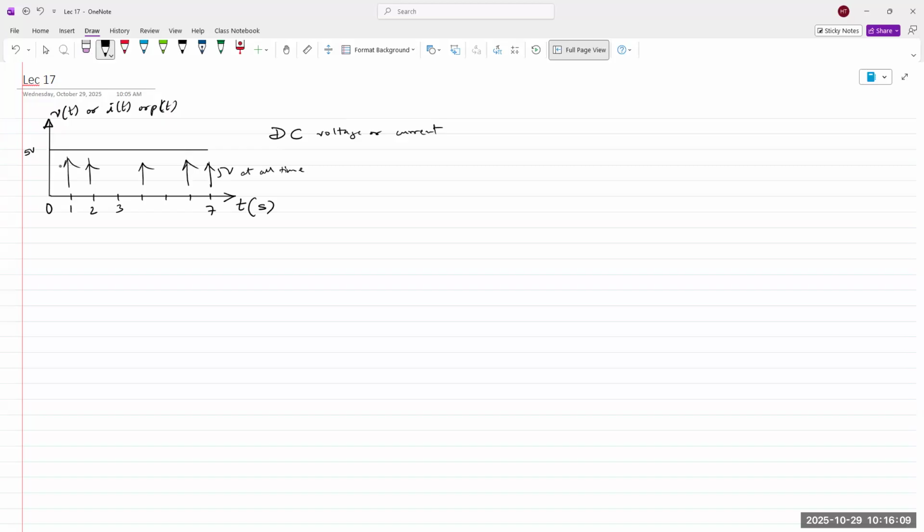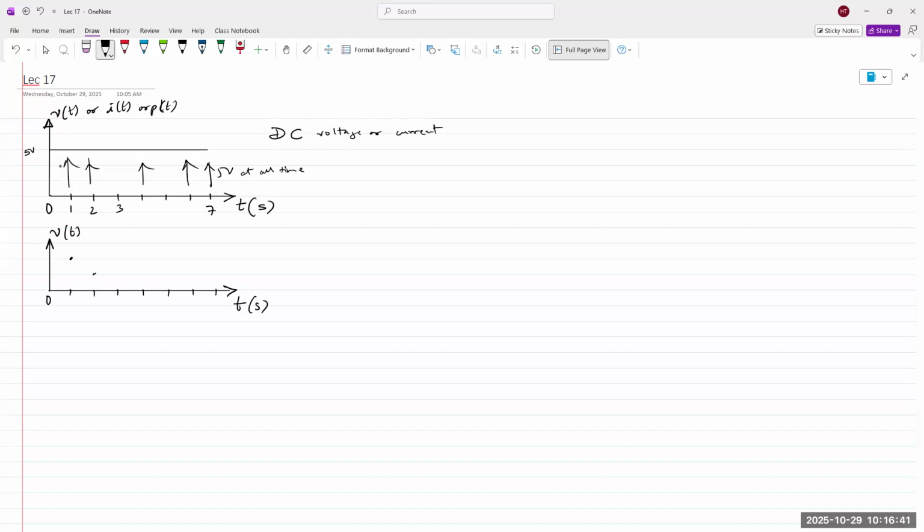If it's any other value for like a capacitor or inductor, it could change, whether it's AC, whether it's DC, or is it just random. I'm just going to draw out some random. It could have a value of, let's say, 0, 1, 2, 3, 4, 5, 6, 7.